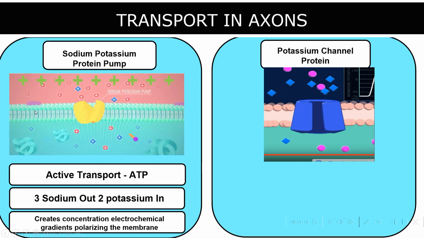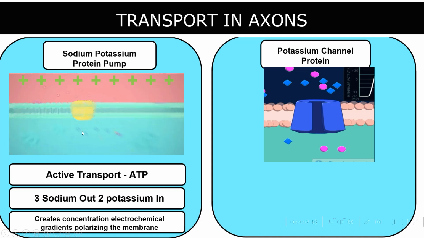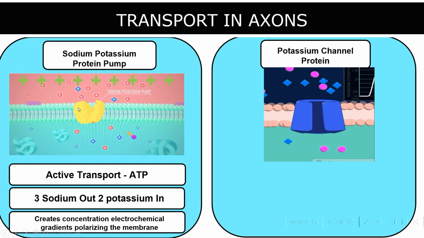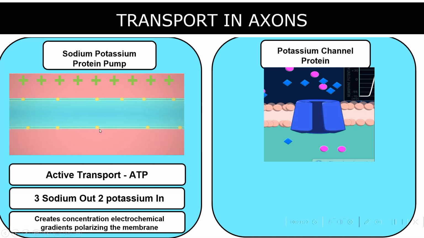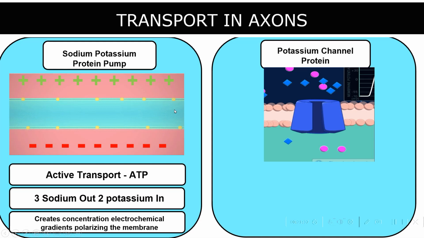Just a reminder that inside the axon, and that's what we're looking at here, is a negative charge of 70 millivolts. That is being created because I'm kicking 3 sodiums out and only bringing 2 potassiums in. Which is the greater number, 3 or 2? Clearly 3. So the outside is more positive, the inside is more negative. That's what's giving you your resting potential.